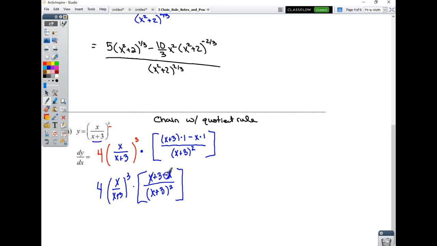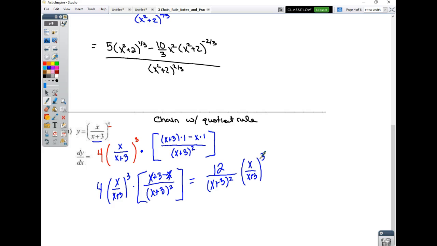The x's will zero out, and we get 12 over x plus 3 squared times x over x plus 3 cubed. That's it.